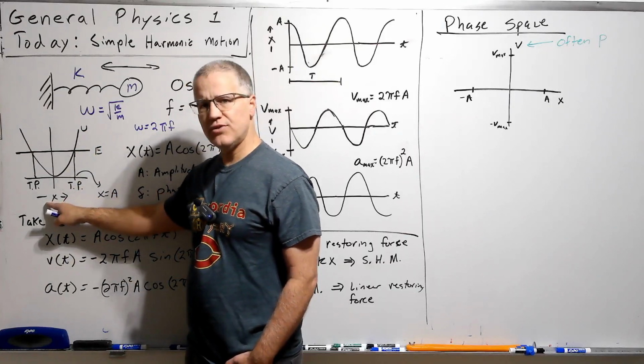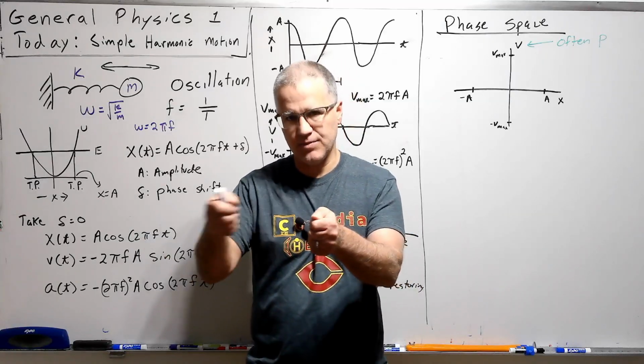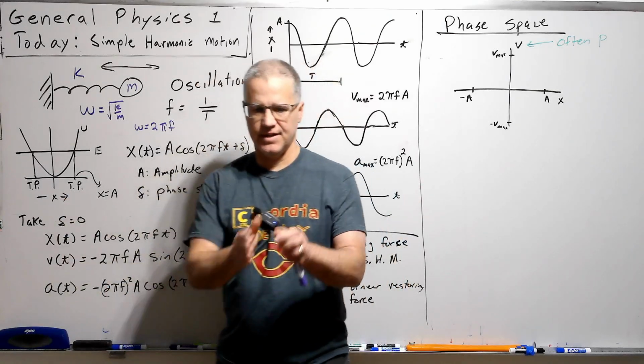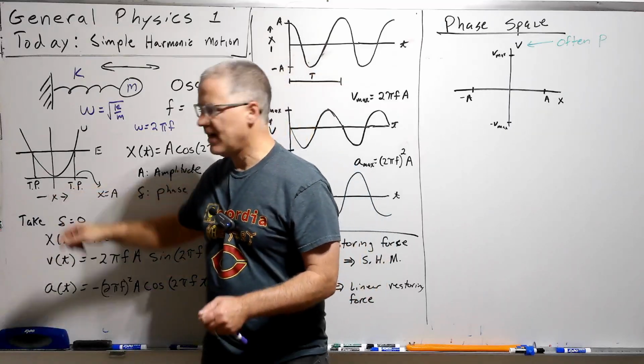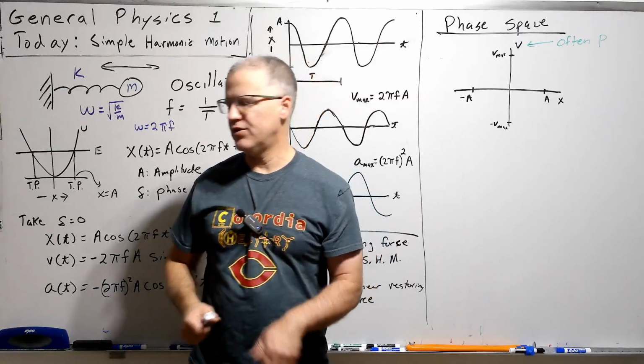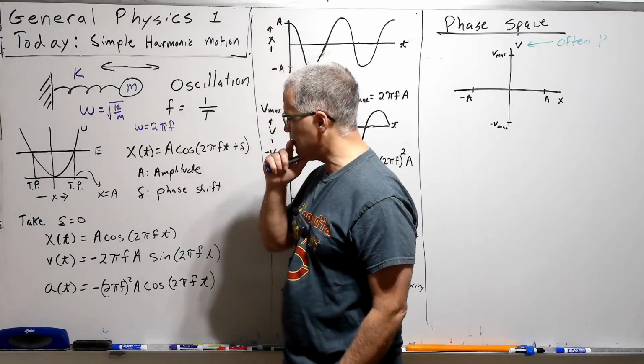And normally we were using a delta x here, a displacement from equilibrium. We're just going to let the equilibrium lie at 0, and then the value of x will be that displacement. So it's a little switcheroo here, but it makes it convenient down the way.